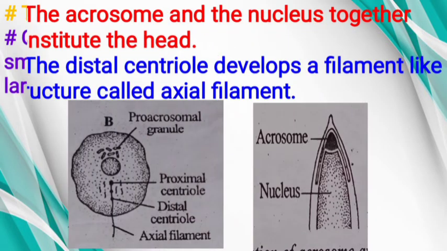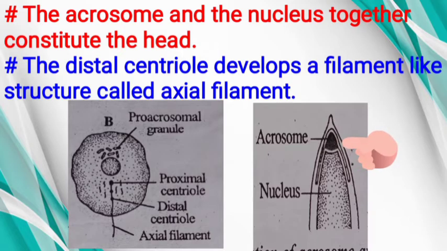Next, the acrosome and the nucleus together constitute the head. See here, the acrosome and nucleus form the head portion of the sperm. Next, the distal centriole develops a filament-like structure called the axial filament.